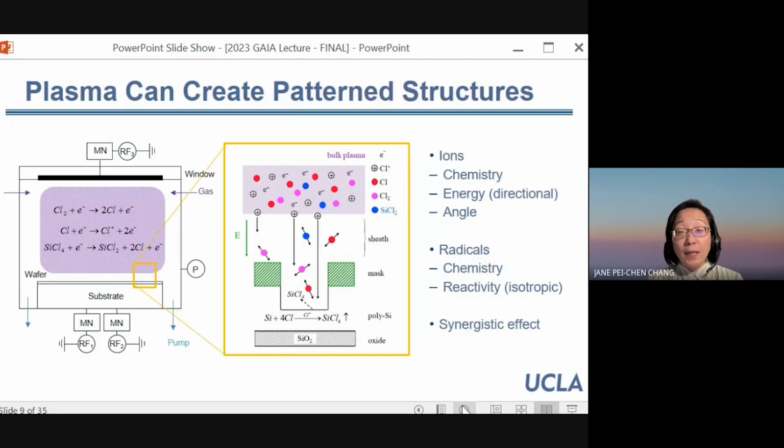What we are interested in for making nanoscale structures using plasma can be illustrated by this diagram here. If we have a reactor that is under vacuum, we can feed the gas that is reactive into the system, such as the chlorine shown here.